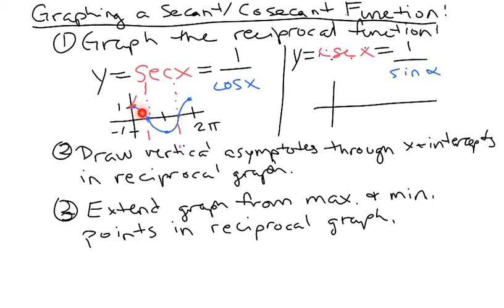So as the value of cosine gets very small here, close to 0 through positive values, the value of secant is going to skyrocket, and so it's going to go up to infinity here. It won't ever cross the vertical asymptote.